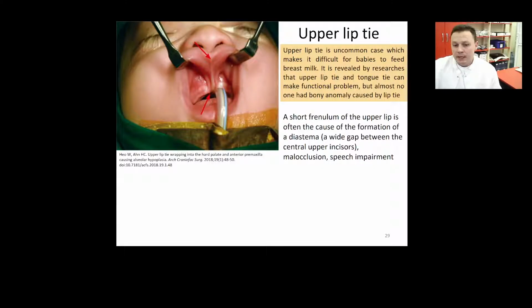And in most cases, it is not treated if there is no limitation of the baby's growth as a result of difficulty of breastfeeding. A short frenulum of the upper lip is often the cause of the formation of diastema, a wide gap between the central upper incisors, malocclusions, and speech impairment.